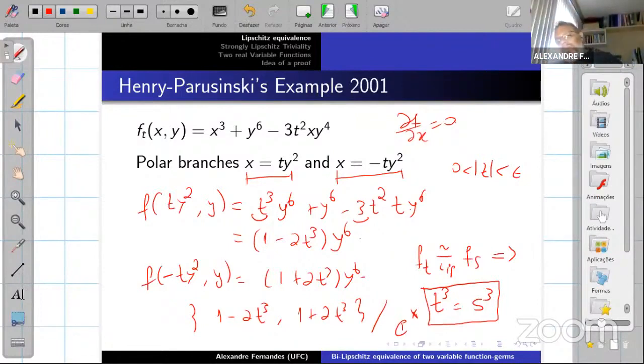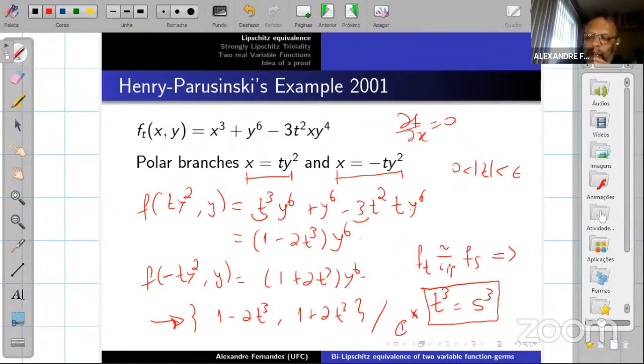So this is a way. It's a kind of recent result. For 20 years before that, people working in Lipschitz geometry were thinking that there is no moduli for the Lipschitz equivalence of functions.